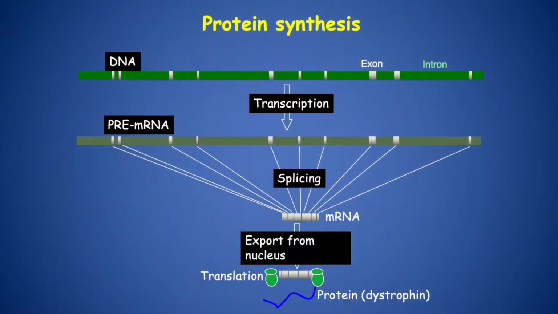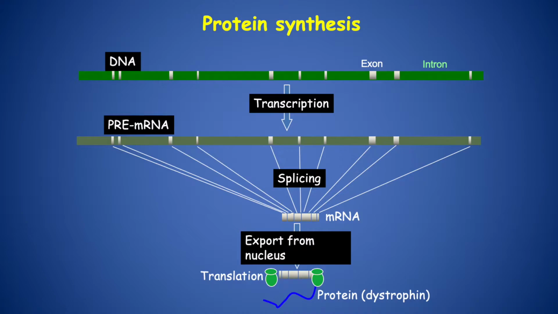So, protein synthesis. This is a bit more technical slide, but in DNA there are many parts called exons. They are quite a small part of the DNA actually, and most parts are called introns. These are the green parts. Basically, exons carry information to produce proteins.